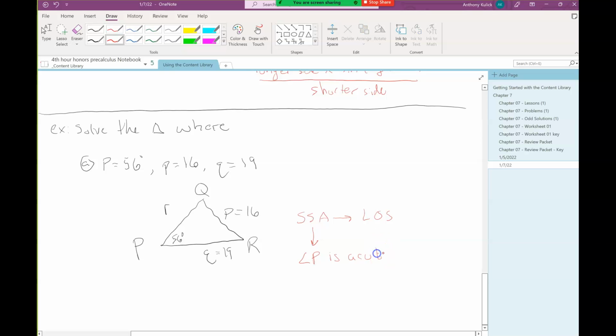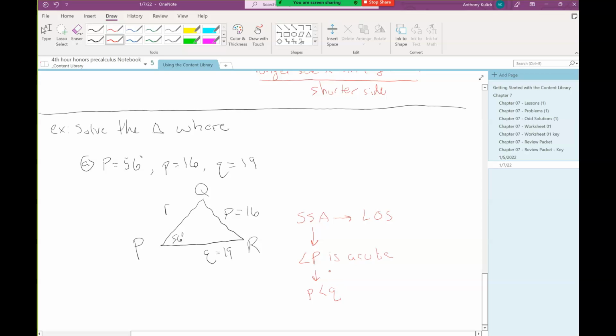That given angle is acute. So that's a potentially dangerous situation, right? When that given angle is acute, the thing I need to worry about is comparing the side opposite that angle to the other given side.